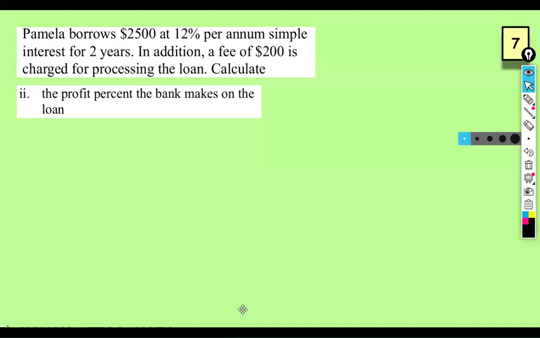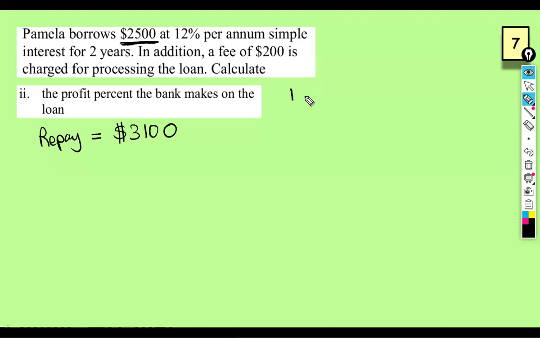Remember, the bank lent us $2,500, right? So that's how much the bank lent us. How much did we have to repay? Remember, we had to repay how much in all? $3,100, right? So when we went back at the end of the 2 years, we gave them $3,100.